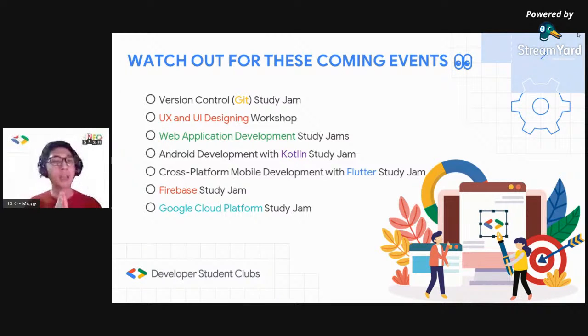You will be able to experience how it is to build technologies that would help our communities. As you could see, there would be specific focuses, like how to develop a mobile app, or how to develop a web application, or how to deploy your web application over the cloud. The list is not yet final, as I said, but those are the proposed events that we would like to take on over the course of the school year.